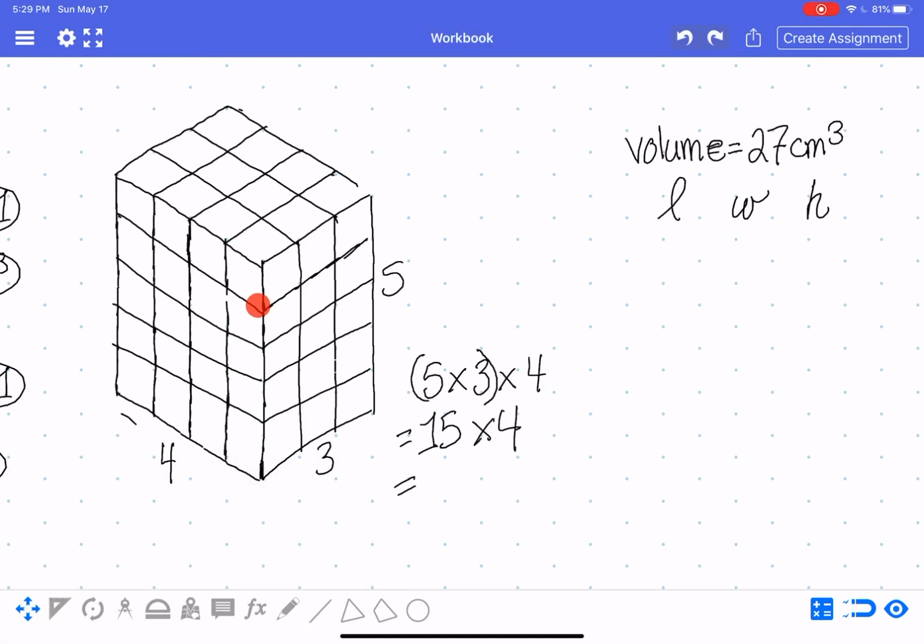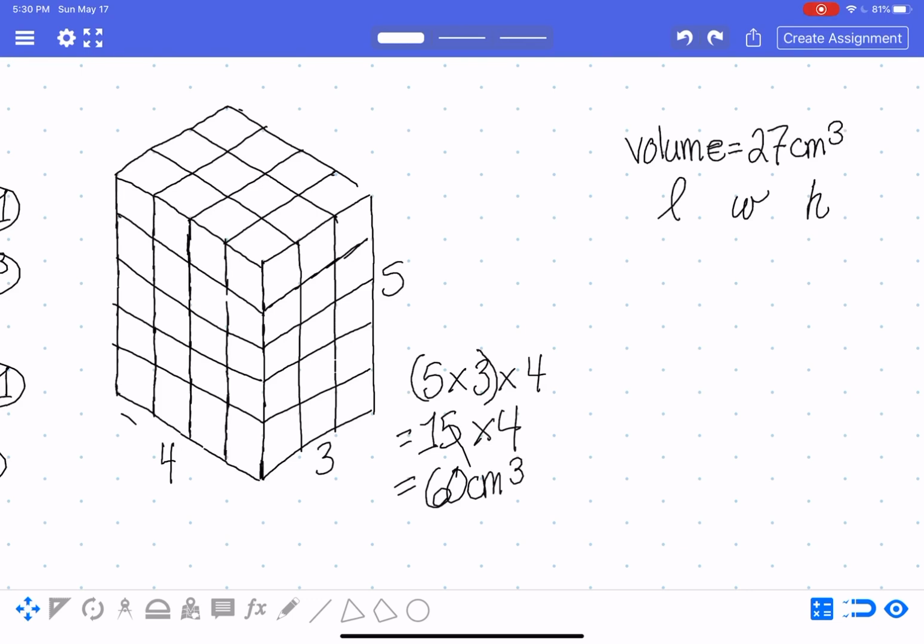So here's 15. Here's another 15, which gives you 30. Here's another 15, which gives you 45. And then here's a final 15, which gives you 60 centimeters cubed.